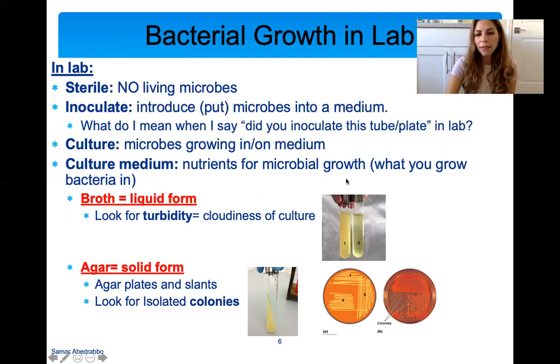So if you have two tubes and you're not sure if bacteria grew and you see cloudiness or turbidity, it means that bacteria grew. Another way to think about this: urine should be transparent. If you see a patient's urine and it's cloudy or turbid, it means that bacteria grew, so they probably have an infection.